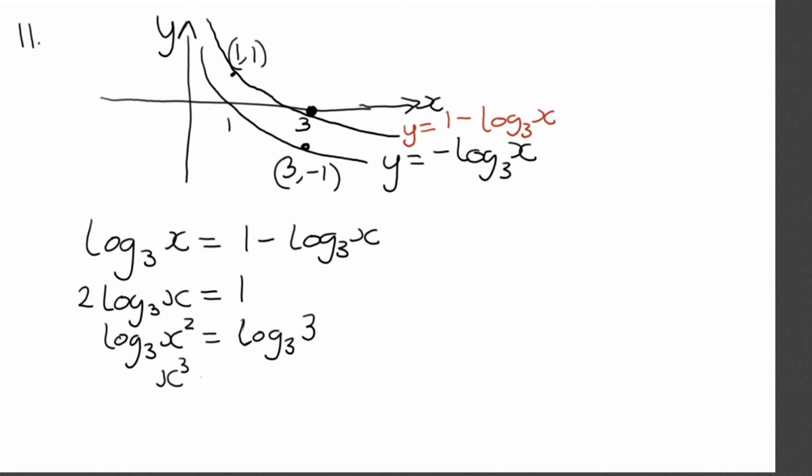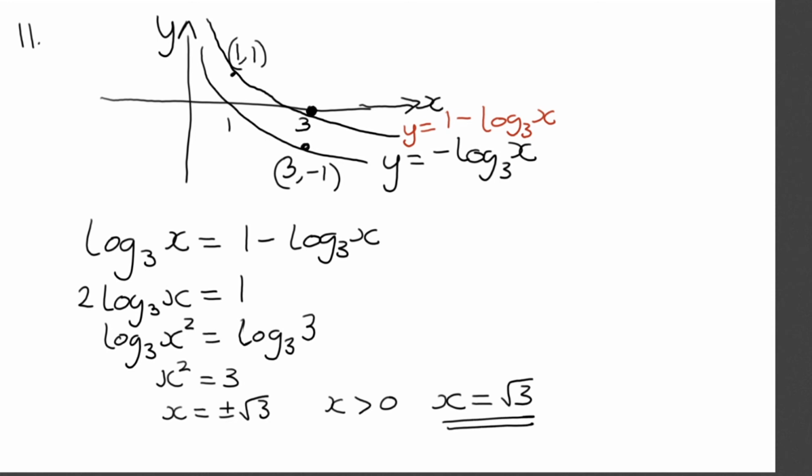Sorry, that's x squared, not x cubed. So x squared equals 3, so x equals plus or minus root 3. But because x has to be greater than 0, the answer will be x equals root 3. So you must explain why we're disregarding the negative if you mention it at all.